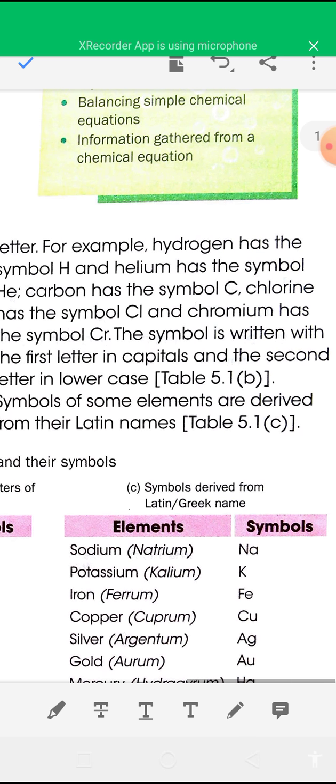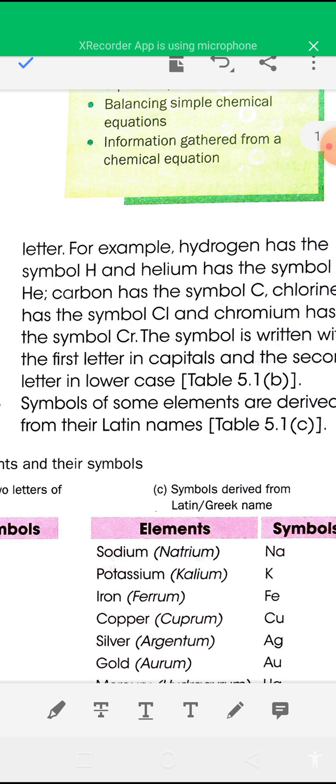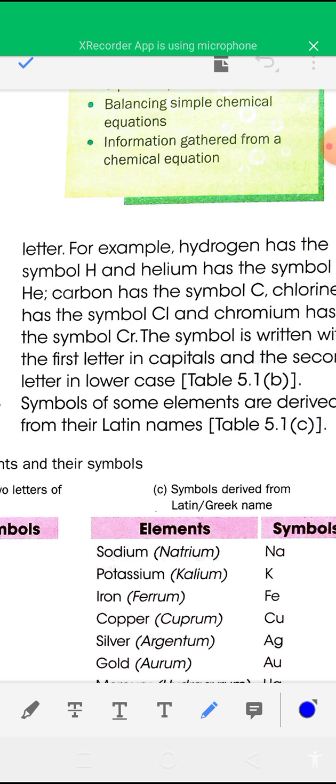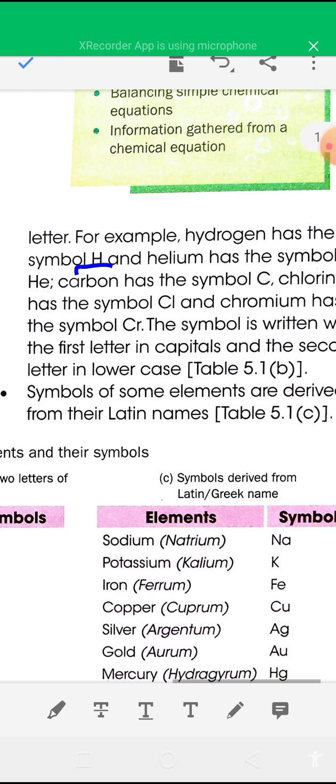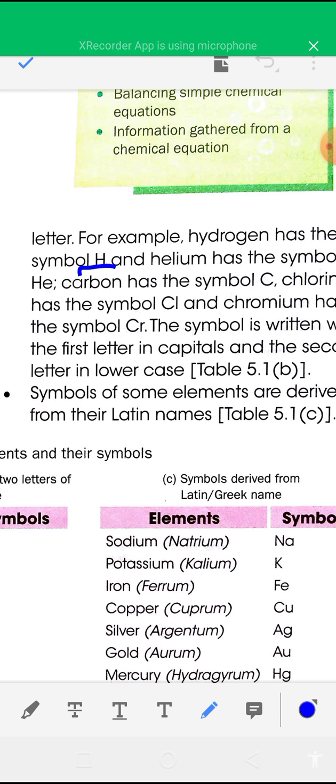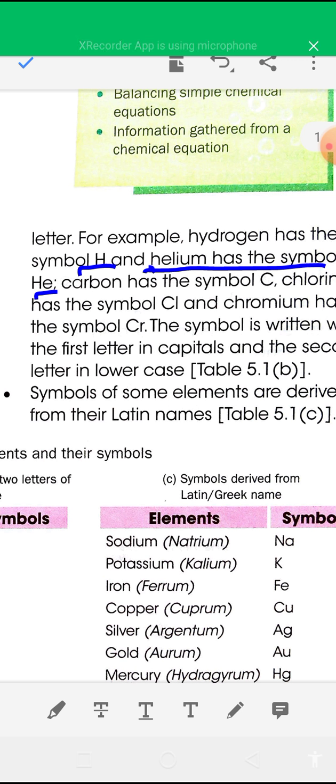For example, hydrogen has the symbol H according to the first letter of its English name, and helium has the symbol He, a two letter symbol, because H is already used for hydrogen. So symbol of helium is He.